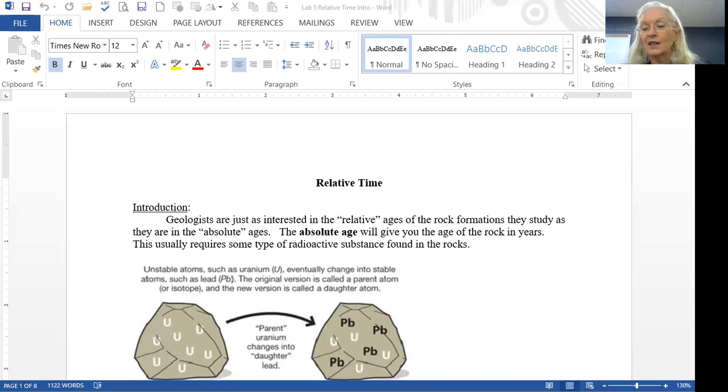The second thing we need to do is take our list and insert any changes to the layers. So are there any dikes or sills? Are there any unconformities? Are any of the rock layers tilted, etc.? When we look at this, there are no dikes or sills. We don't see any igneous intrusions. None of the rock layers have been tilted.